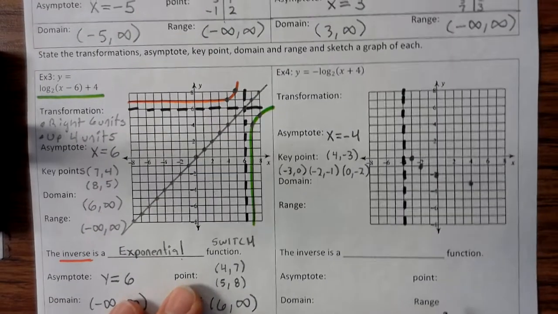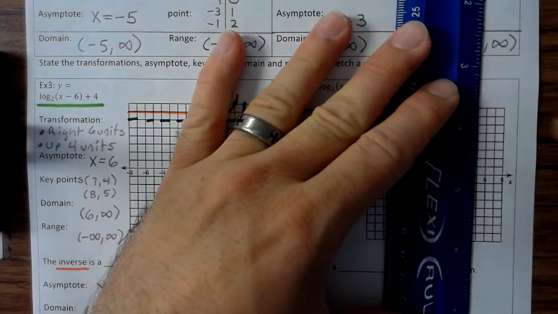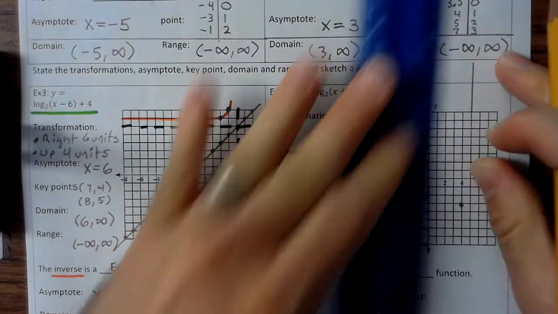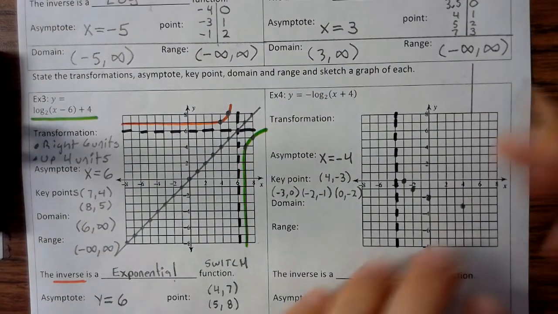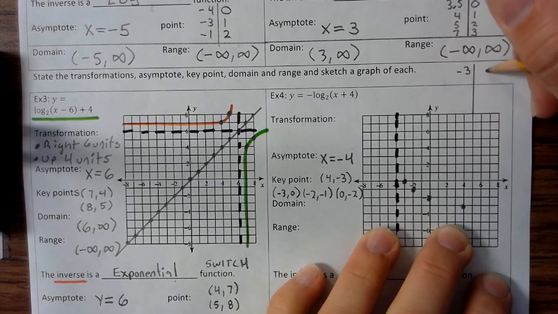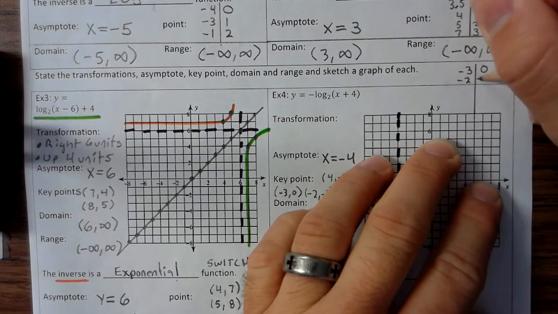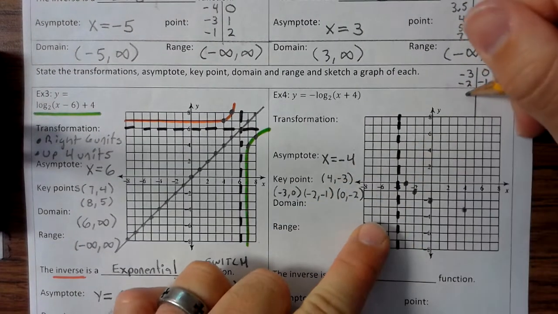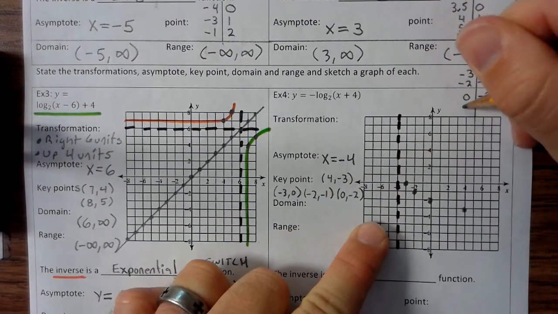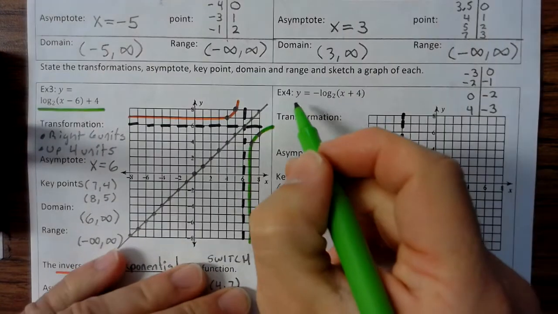Now, if that's confusing to see, what you could do is come over here and make a table. So let's start with the first point. So negative 3, 0. Negative 2, negative 1, 0, negative 2, and 4, negative 3. Okay, and again, we've been doing our log function in green.